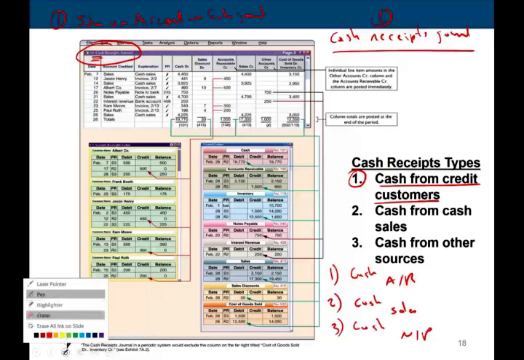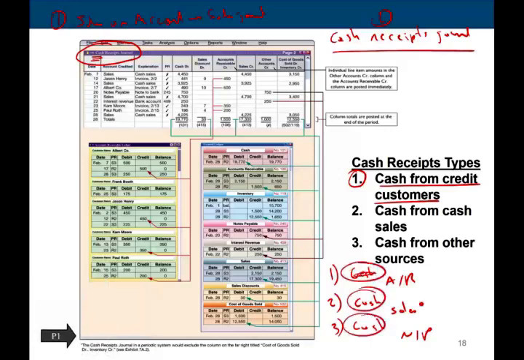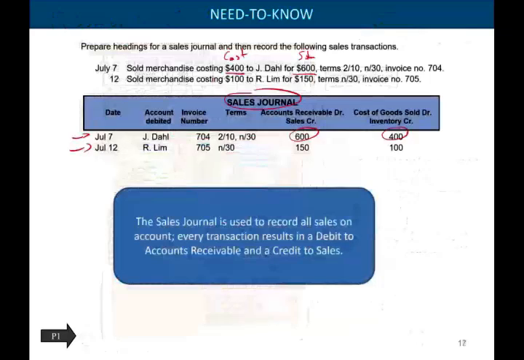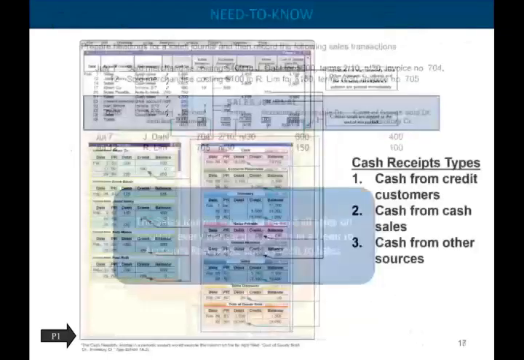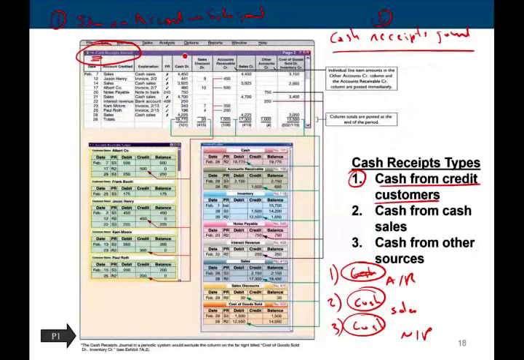So notice what's common between those entries. You are debiting cash, debiting cash, debiting cash, and crediting something else. So in the cash receipts journal, you will have a column for debit cash, and other columns to credit something else. The entry will always have a debit to cash.